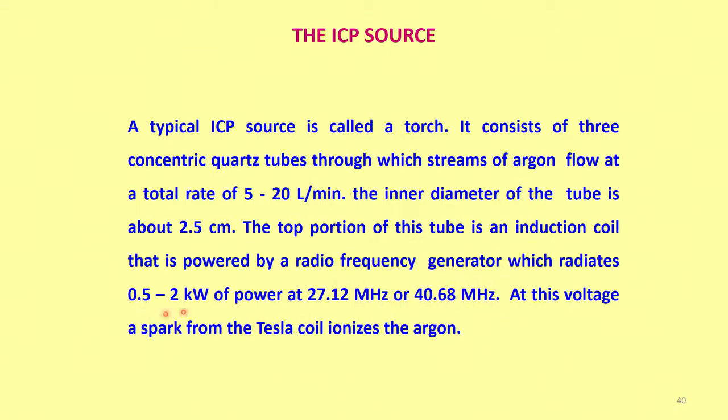Okay. So, at this voltage, a spark from the Tesla coil ionizes the argon, it ignites also. So, the argon plasma is generated in the ICP source.